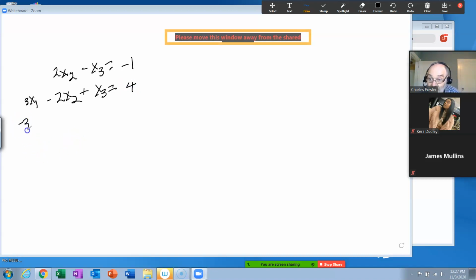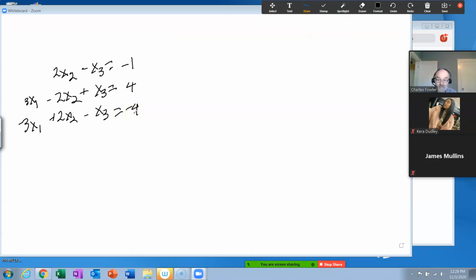3x1, that is a positive 3, plus 2x2, minus x3 is equal to minus 4. Okay. Oh man, I am getting almost cramped.